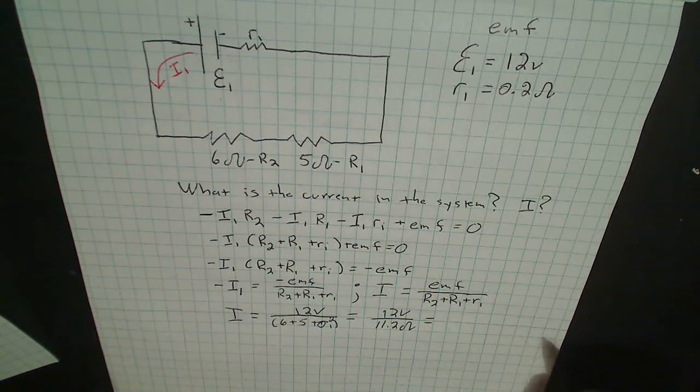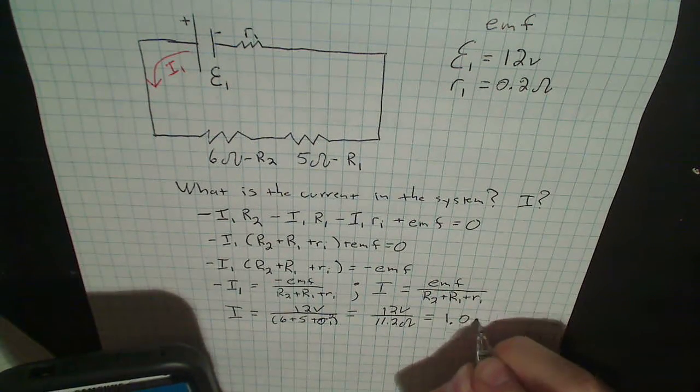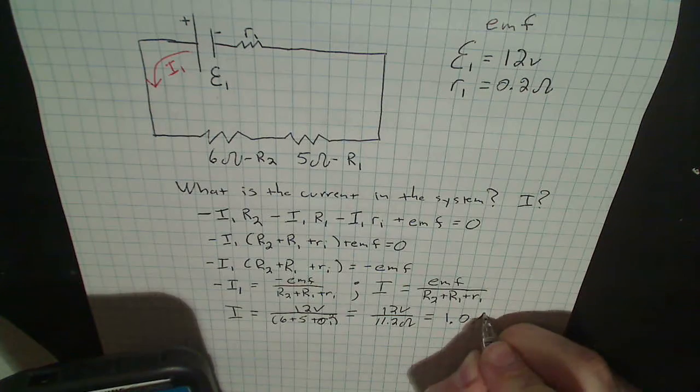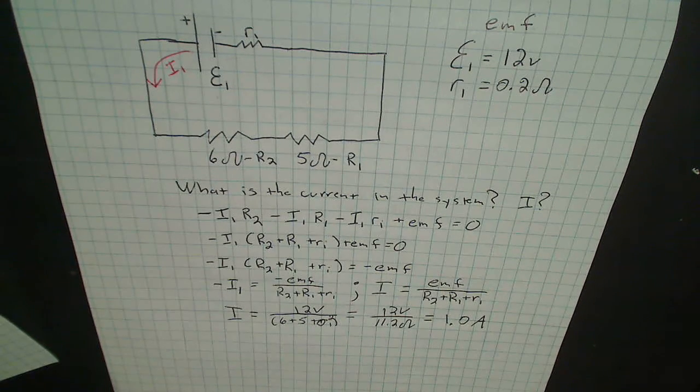And that comes out to be about 1.0 amps. And so through this, the current running through this system is 1.0 amp.